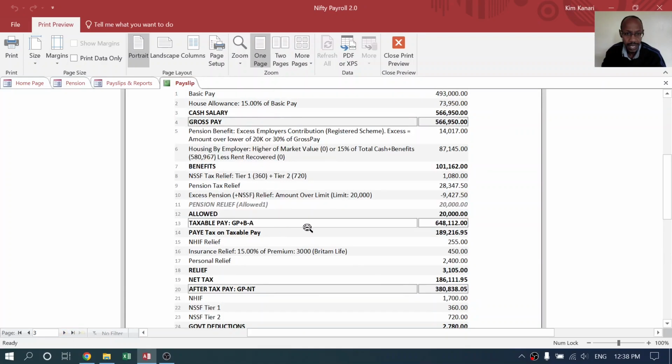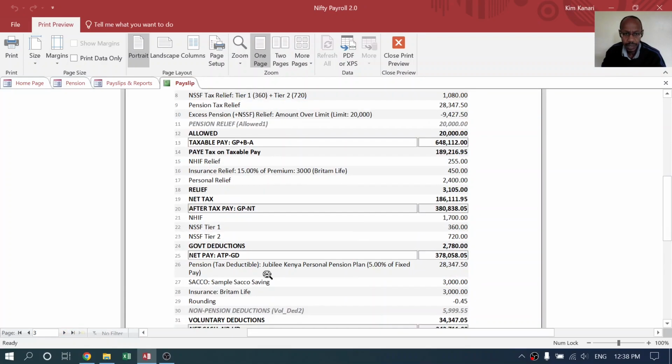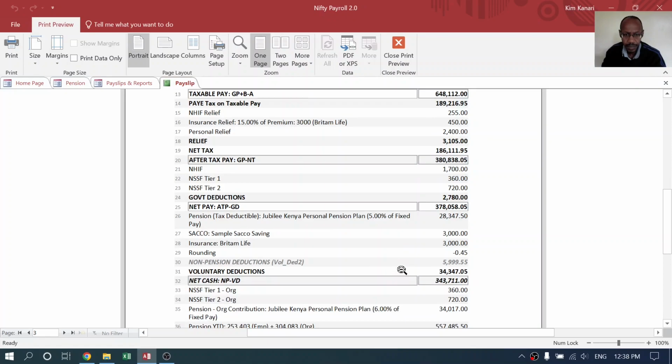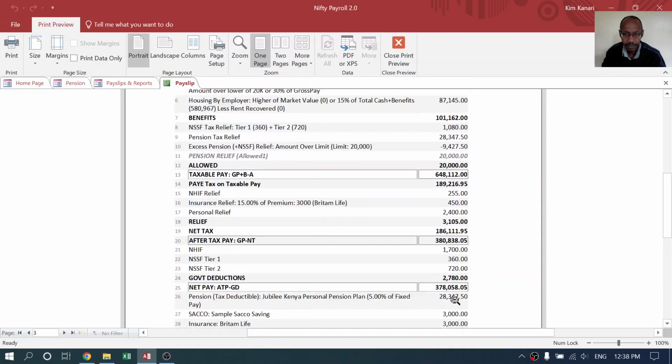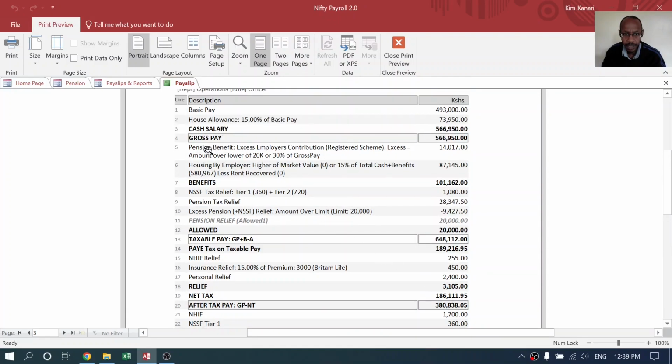So the last possibility is, in this case, you have number 26 here. The pension is tax deductible. The contribution from the organization is a benefit. We come up here and we can find under 5, the pension benefit is 14,017.